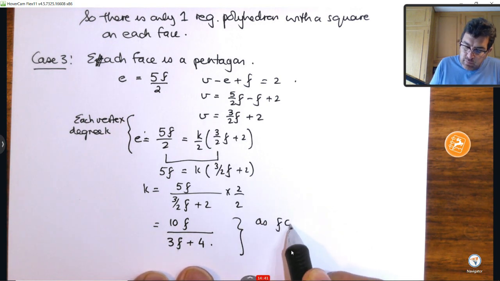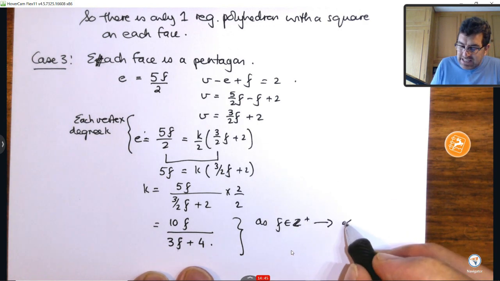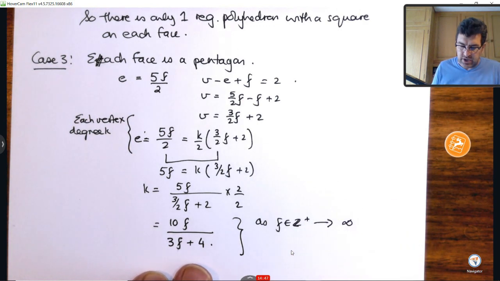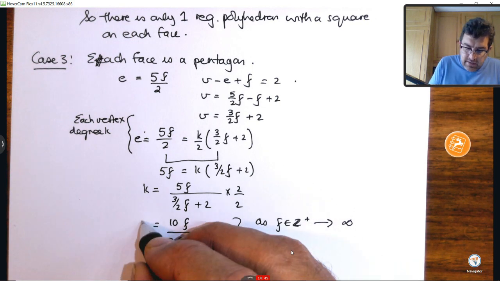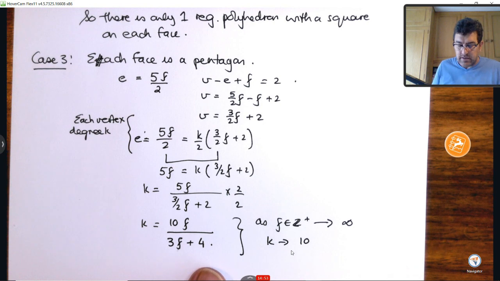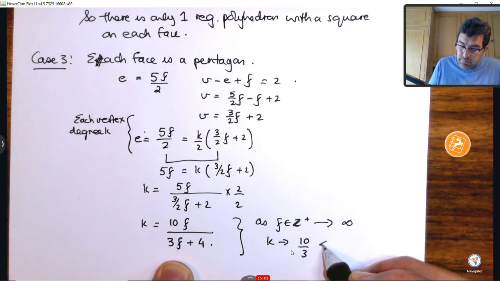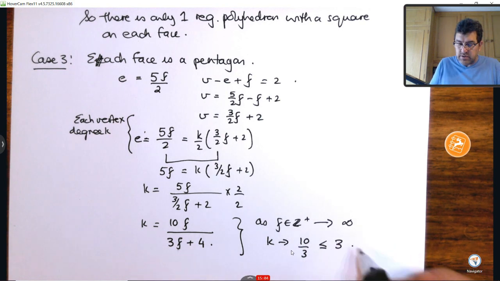As f, which is a positive integer, approaches an infinitely big integer, then the k value that I have here is approaching 10 divided by 3 in this case. Now 10 divided by 3 means that this must be smaller or equal to 3.